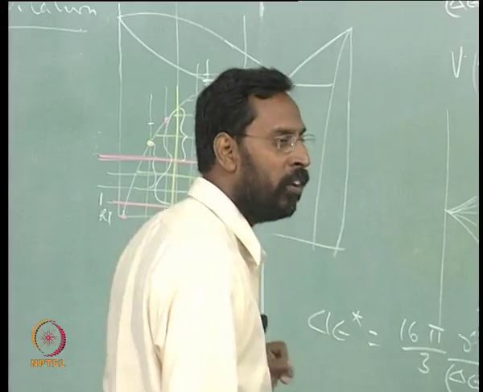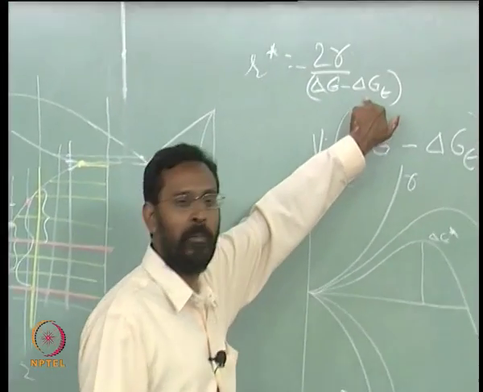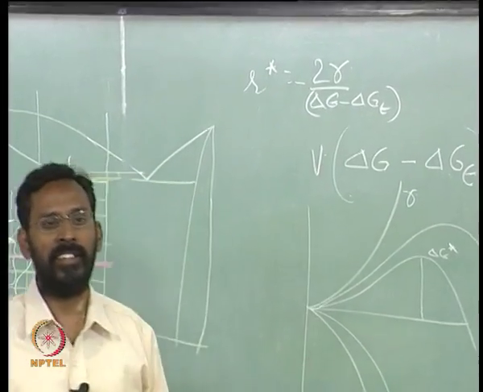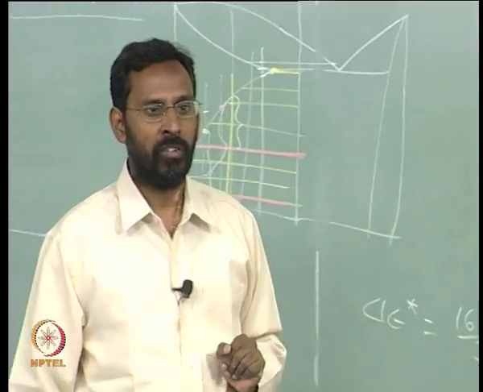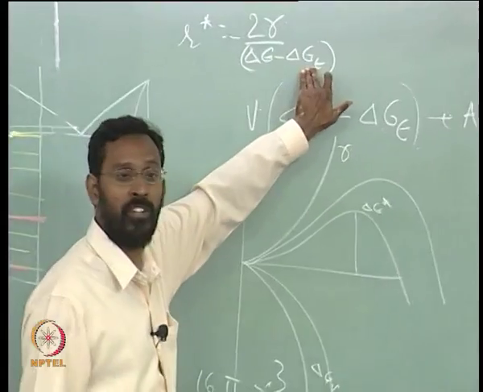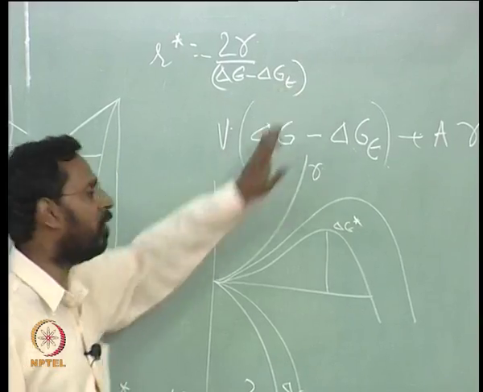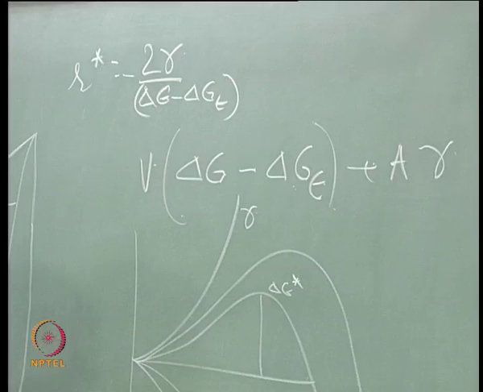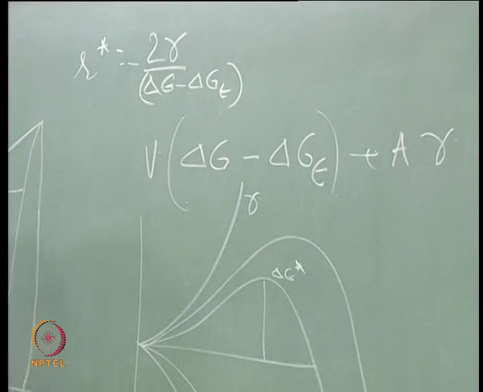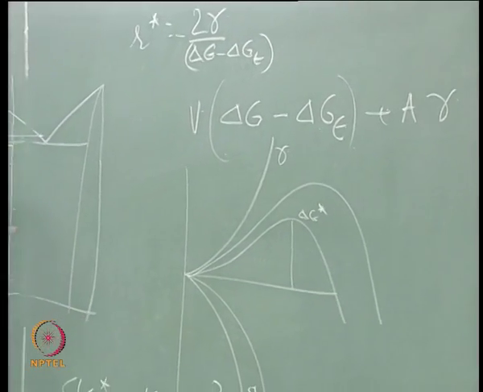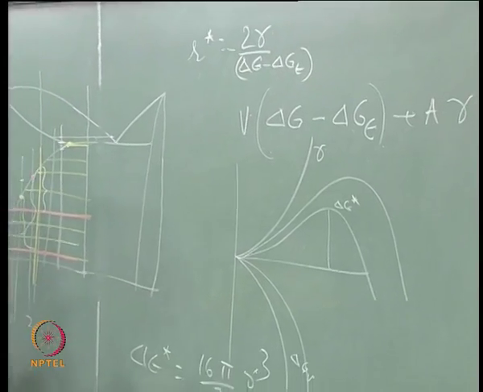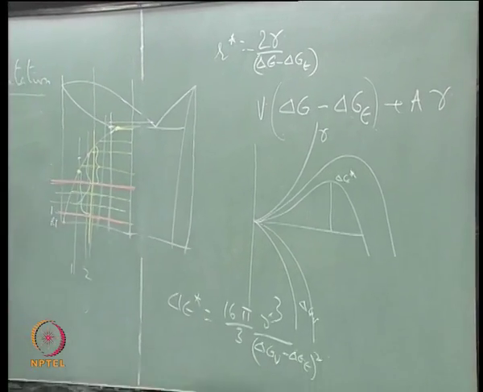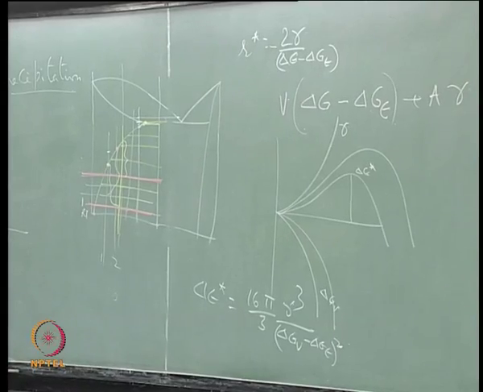Misfit being 0 is too idealistic a situation. When the misfit is 0, in principle this is 0, and then everything changes, this becomes equal to this, and these values will be similar to a liquid to solid transformation, we need not bother about it, and then this solvus line gets shifted to that.